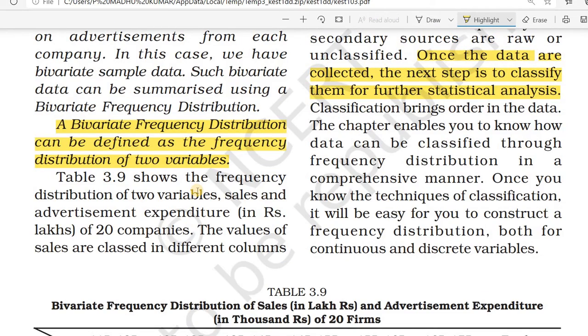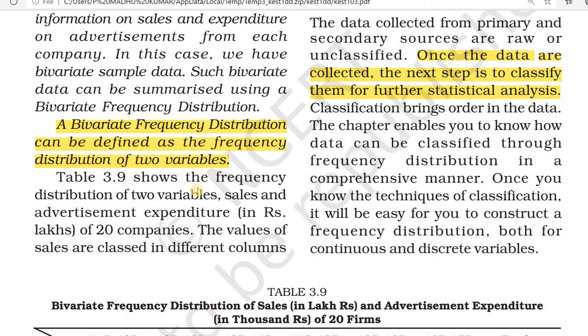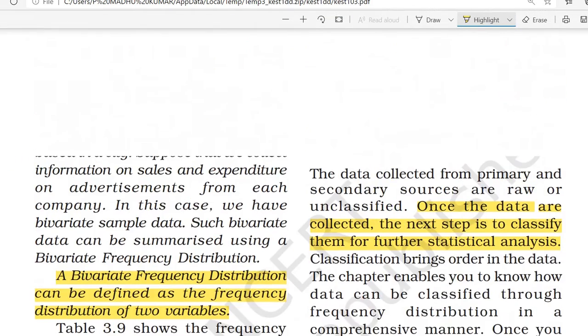We understood that a frequency array means the classification of data, and we know there are discrete variables and continuous variables. Discrete variables do not take intermediate fractional values between two integral values, like 2.5. Here you can see the table.